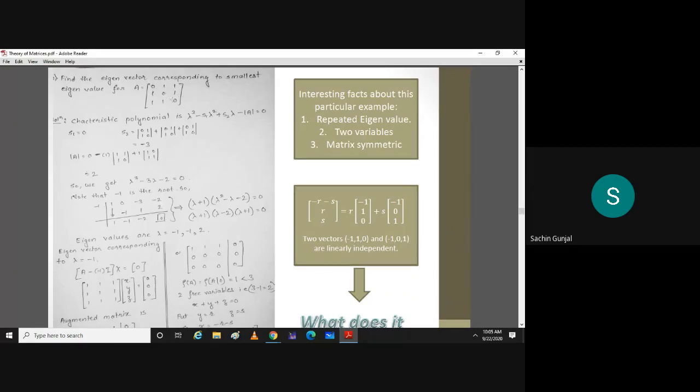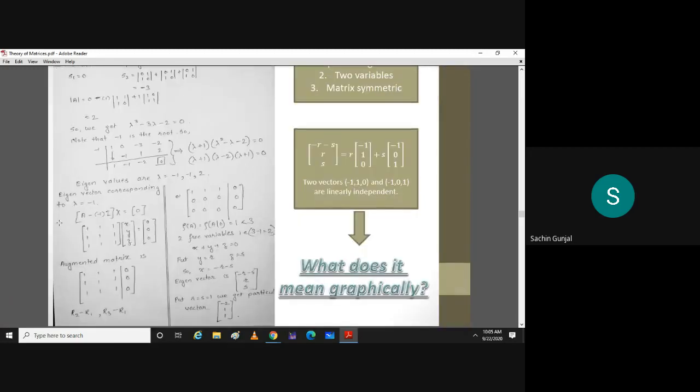Wherever there are 0s, they will be replaced by 1 if you add the identity matrix. Is this matrix clear? Yes, sir.